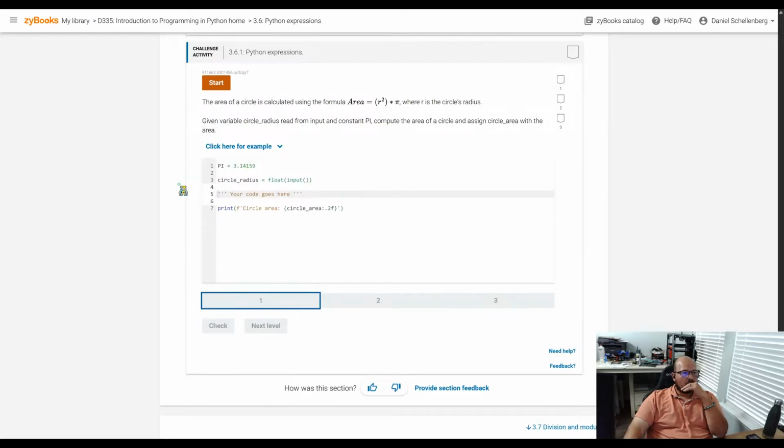Okay. Given variable circle radius, read from input and constant pi, compute the area of. So it's wanting us to take, okay, so it's taking in. There's a float circle radius.